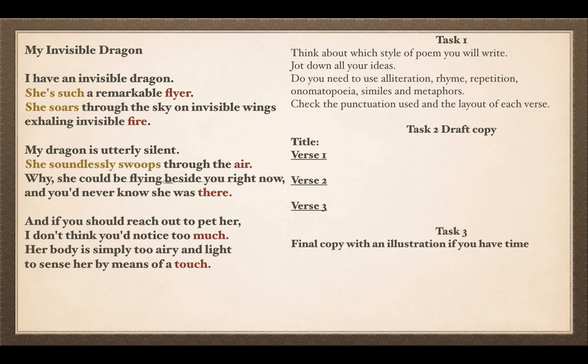But if you have done it very roughly, then you may need to do a final copy with an illustration. And that really depends on whether or not you have enough time. And that will be the end of your English lessons for Friday and the week.